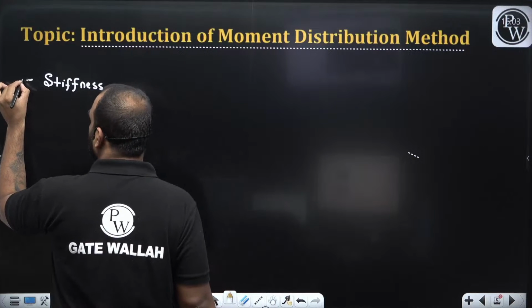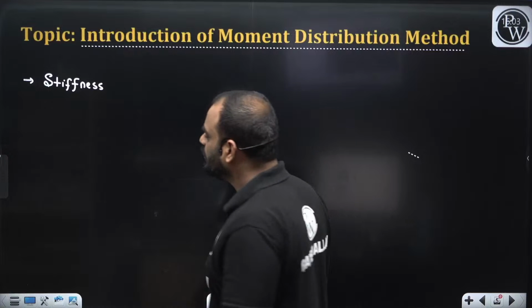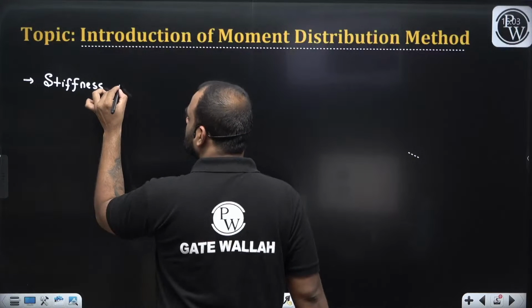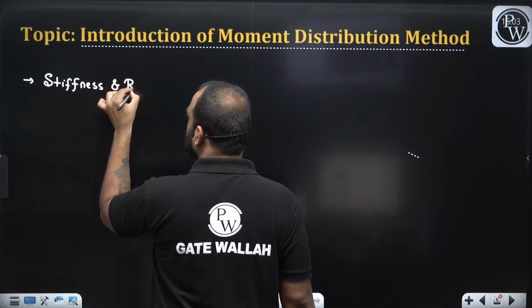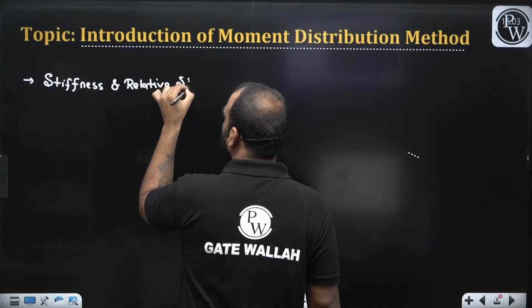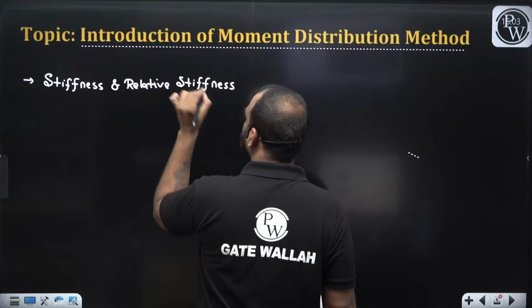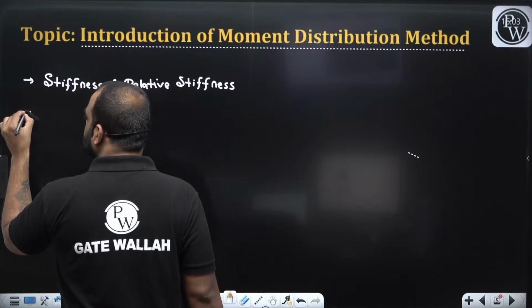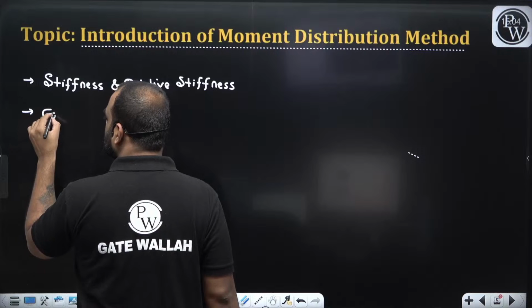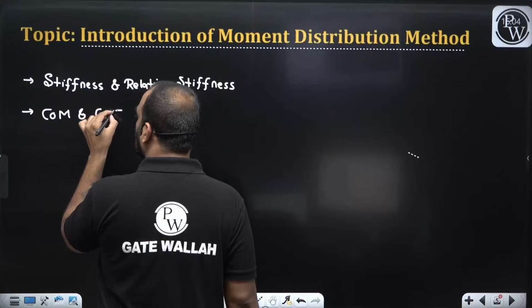This is a very important part, because you may find a 1 mark question related to this, right? So first one is stiffness, as well as we will discuss the relative stiffness. The second thing which is required is basically carryover moment and carryover factor.